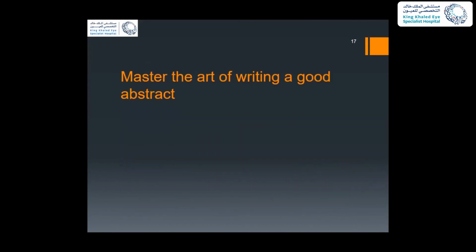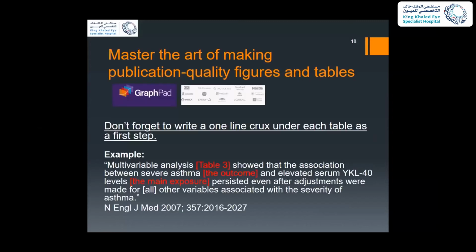Master the art of writing a good abstract. Many papers get rejected just because the editors only read the abstract. They don't read the full text. So that's important. Master the art of making publication quality figures. And this is one of the software packages which is very popular to make very good graphs. So if the graphs are good, you have a good chance.